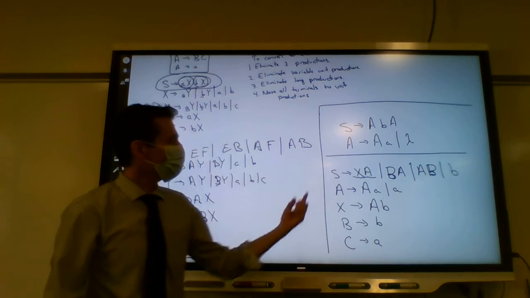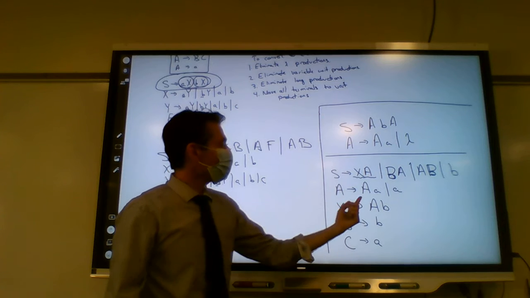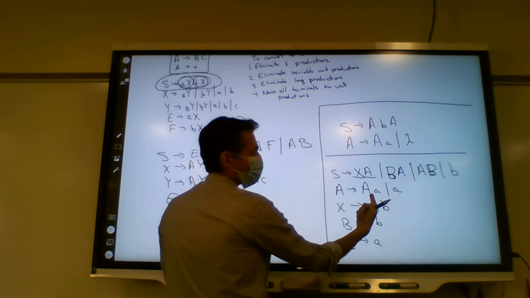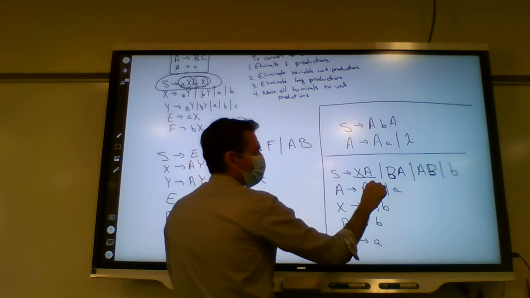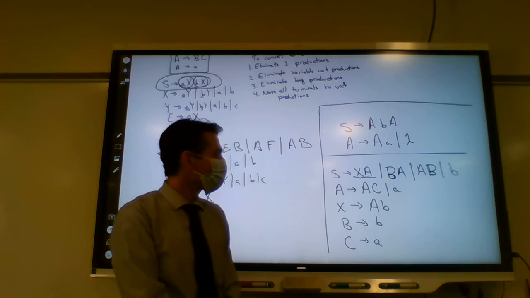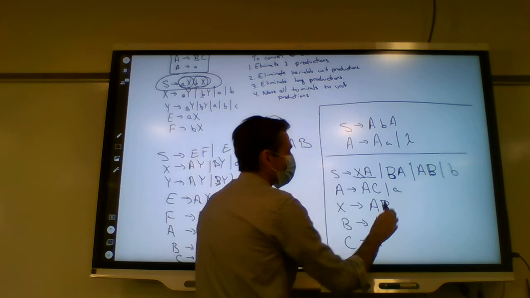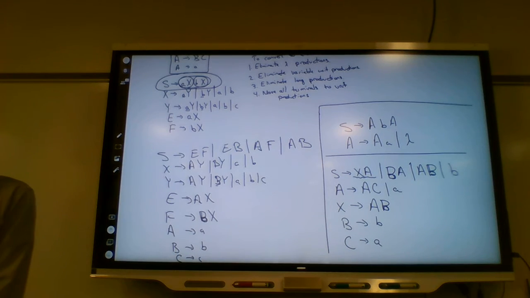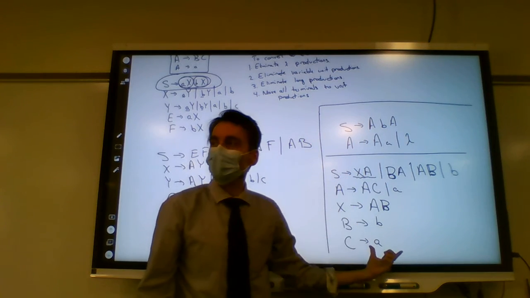So we've created these binary replacements. And here, what happens? That becomes AC, and X becomes AB. And so a short, small grammar that only had 3 productions becomes much longer.